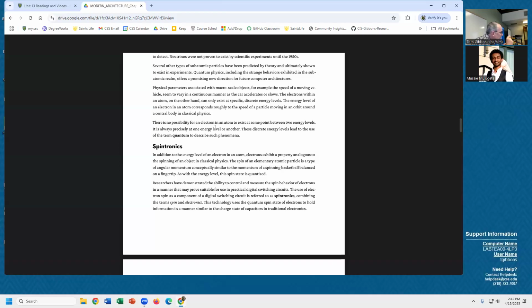We don't see those elemental particles in quantum physics. We see kind of waves. We think of everything as a wave, more like a probability wave of where it's at.